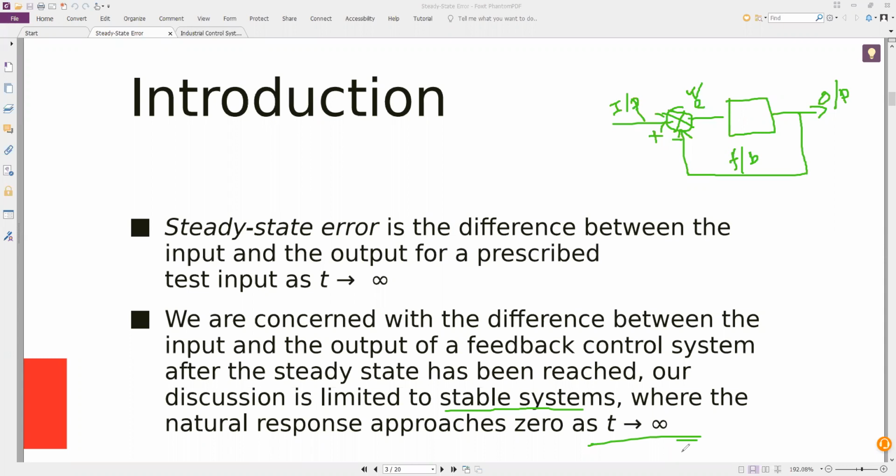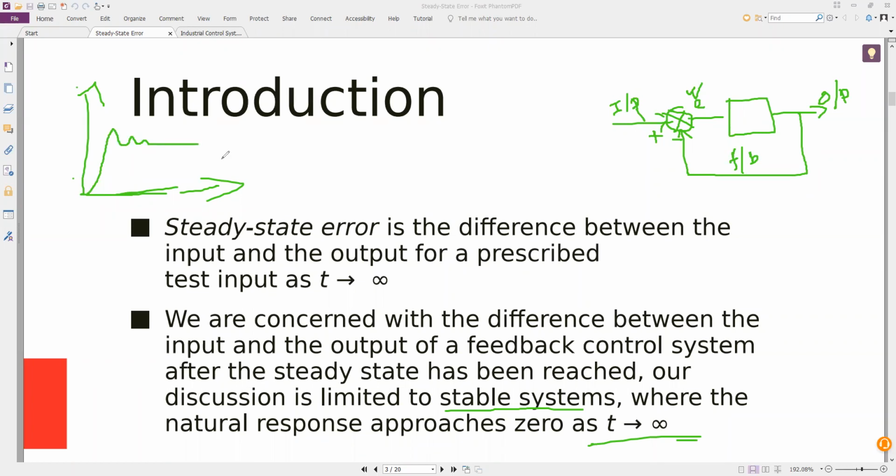So what is the stable system? We know from the previous chapter the response curve of a stable system. Do you remember what the response curve of a stable system is? It is something like that.